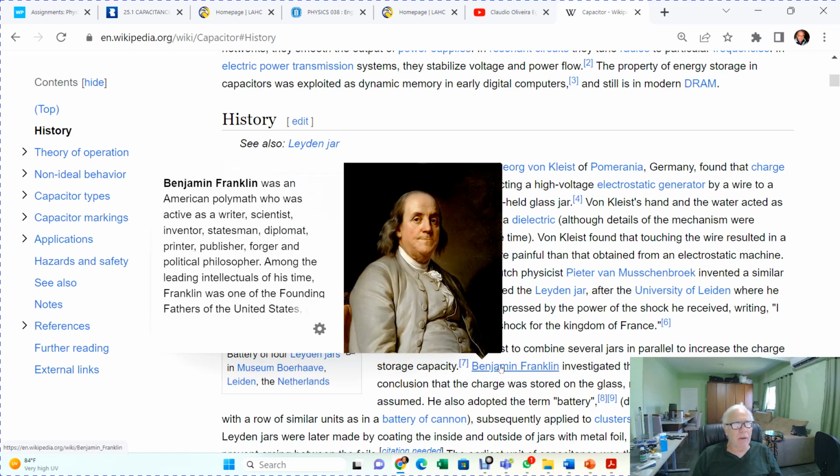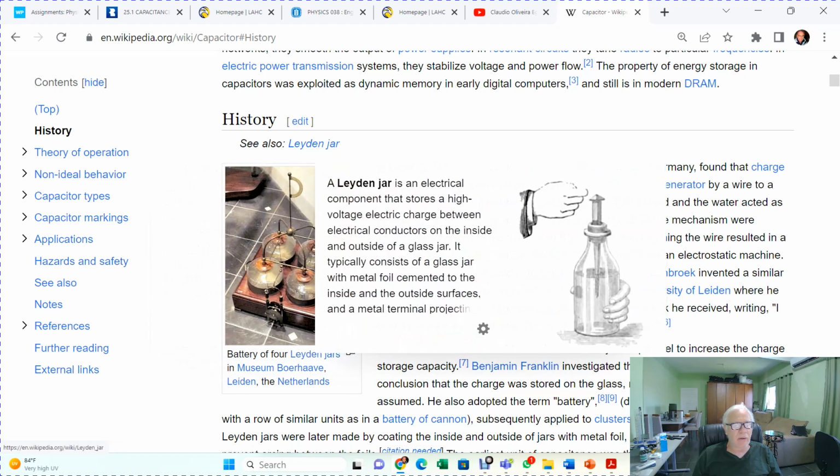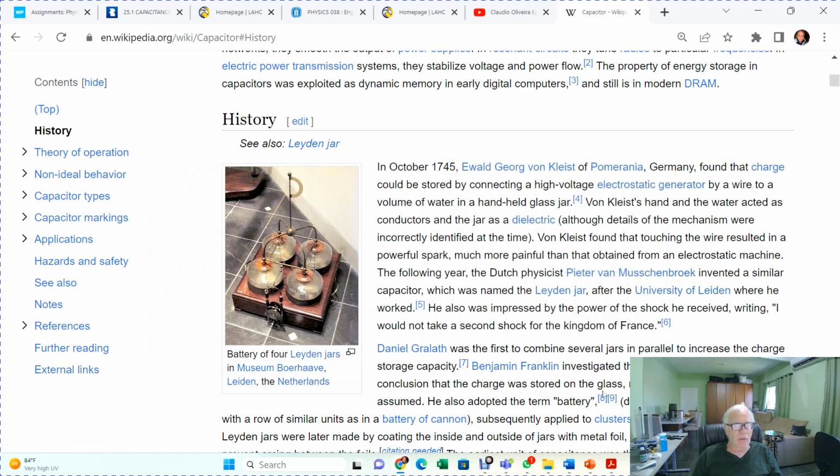Benjamin Franklin worked with capacitors, investigated the Leyden jar, okay, and came to the conclusion that the charge was stored on the glass, not in the water, as others had assumed. Okay, yeah. It was a device from as far back as 1745.